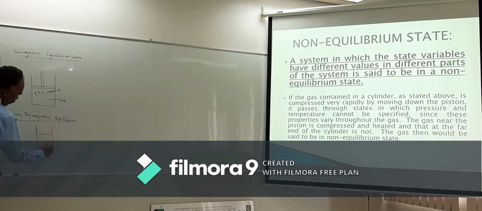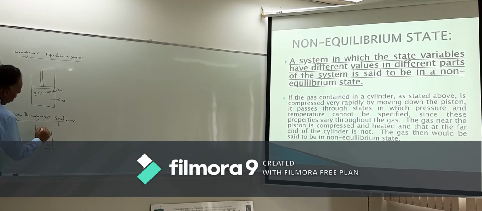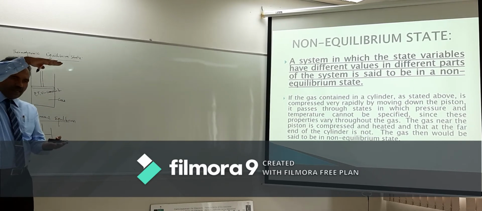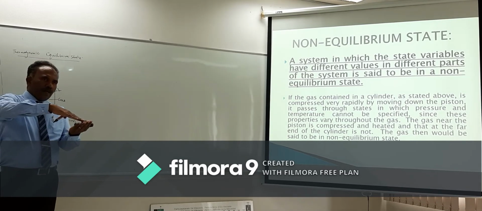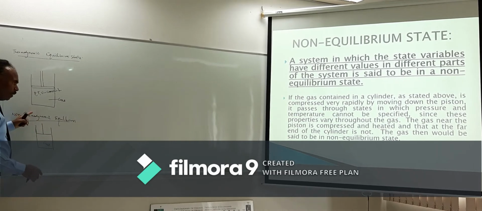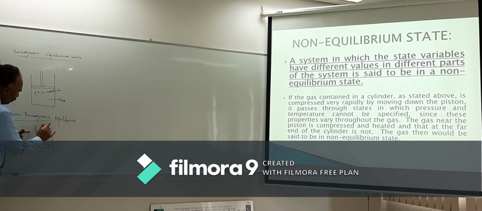The gas is there. The piston. If the gas contained in a cylinder, as stated above, is compressed very rapidly. Now we are moving the piston rapidly, by moving the piston down. That is the original place.